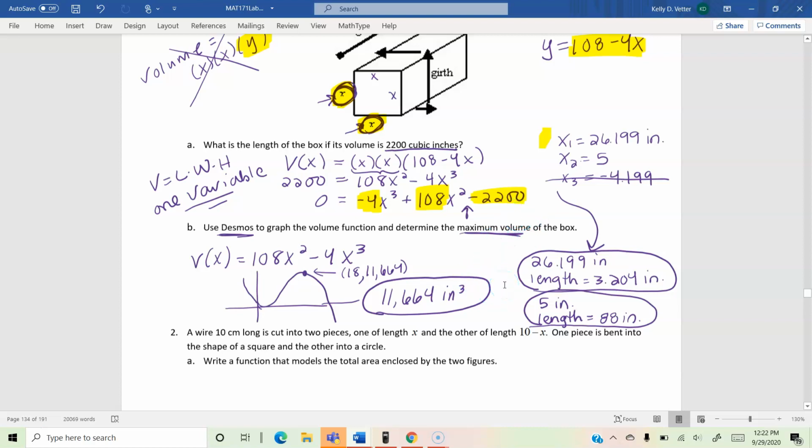So let's say that maybe it really doesn't matter what the dimensions of the box are. Maybe they just need the maximum volume. Like for example, maybe they're shipping, say, ping pong balls, something that's kind of small. And it really doesn't matter the shape of the box, because ping pong balls are so small they're going to kind of fit in whatever. But they just need the most volume possible so they can ship the most ping pong balls possible.